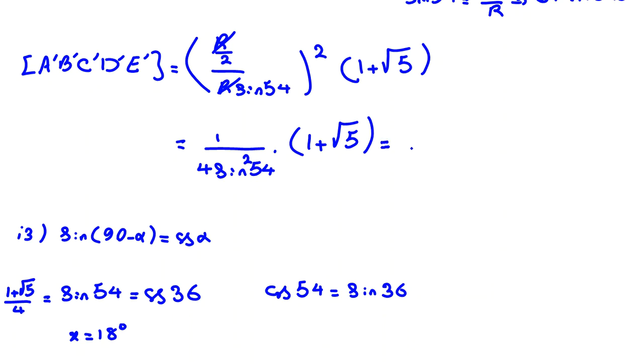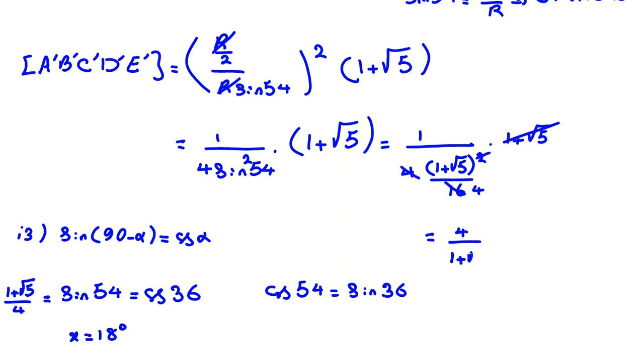Now, if we replace, it will be 1 over 4 times (1 plus root 5) squared. Let's write it like this: (1 plus root 5) squared over 4 squared, which is 16, times (1 plus root 5). We can cancel one of these 4s. So it will be 4 over 1 plus root 5.